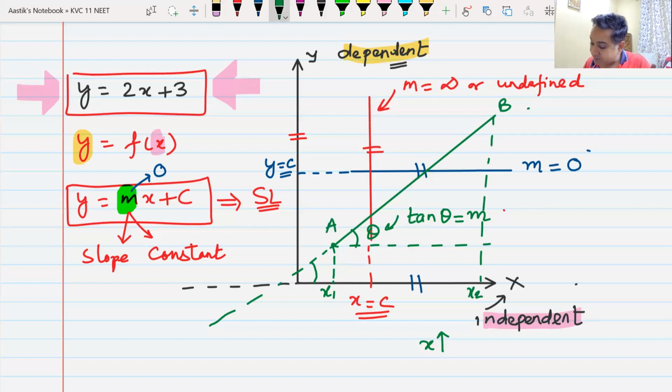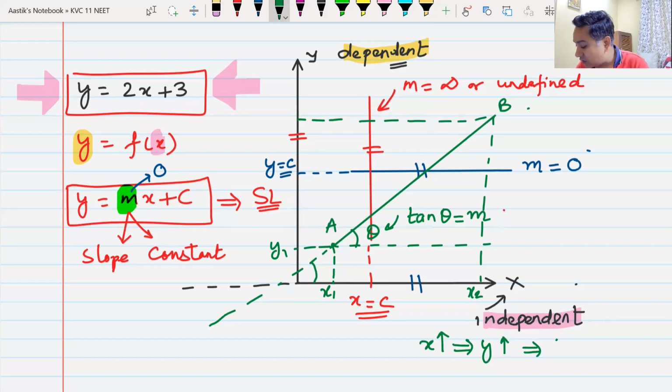So when I go from A to B, x is increasing. What is happening to the value of y? Y is also increasing. Yes or no? Such lines are called lines with positive slope. Do we understand this?